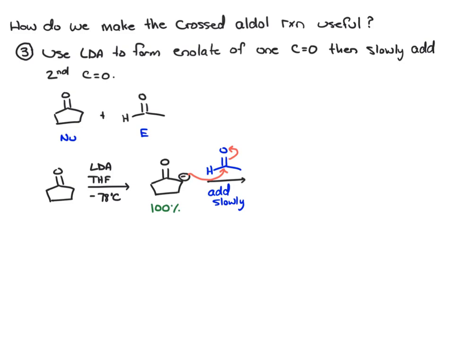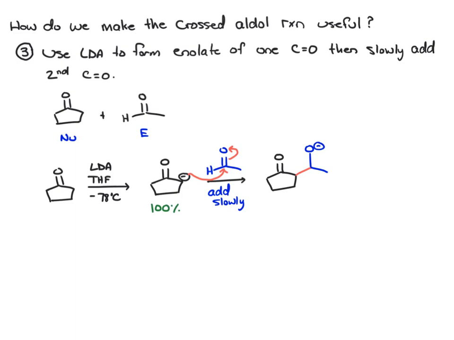So when we do this, here's our new bond. I'll draw that in red. Here's the product where it adds to the acetaldehyde. Now you're actually stuck here because unlike our typical Aldol reaction, we don't have the base and water around.